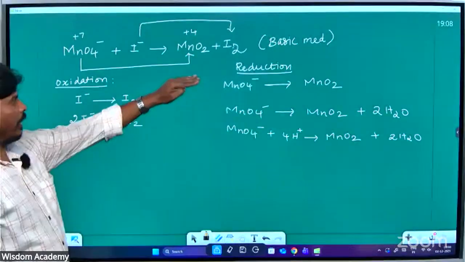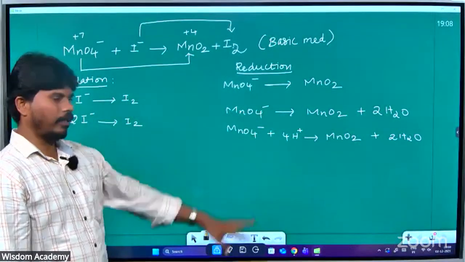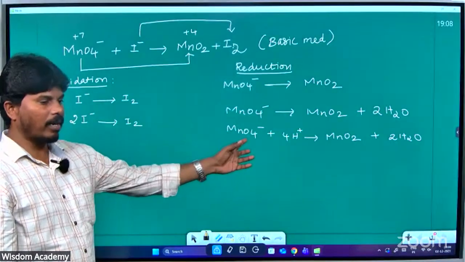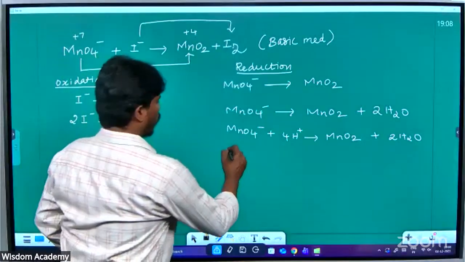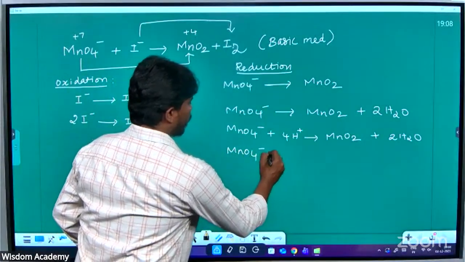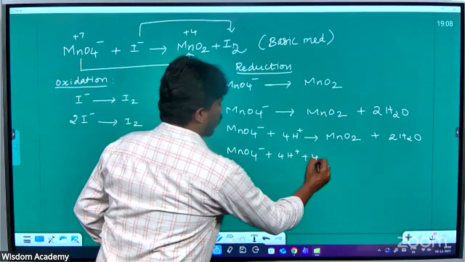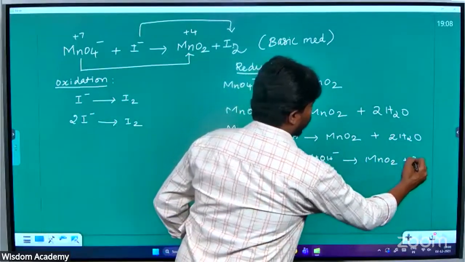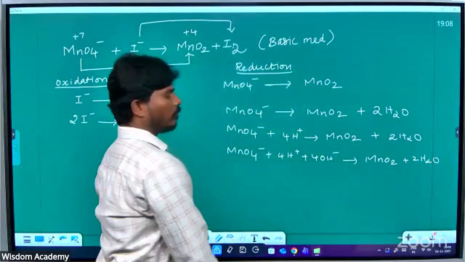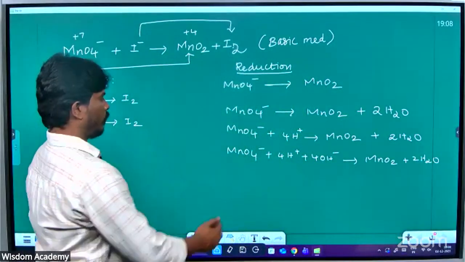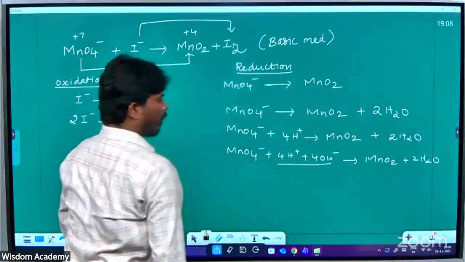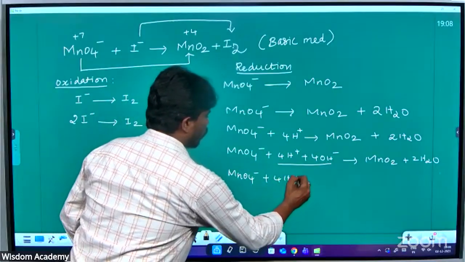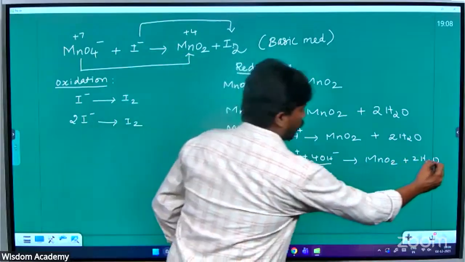But this reaction occurs in basic medium. How to eliminate H plus? By adding a suitable number of hydroxyl ions on both sides. So MnO4 minus plus 4H plus plus 4OH minus gives MnO2 plus 2H2O plus 4OH minus. These ions become water molecules: MnO4 minus plus 4H2O. Here also 4OH minus.